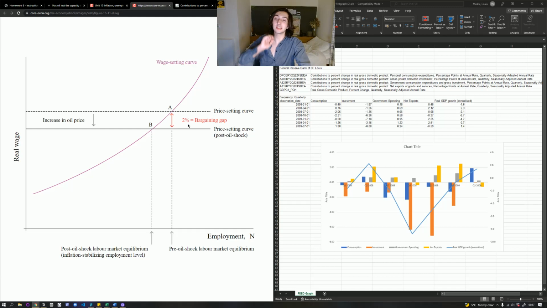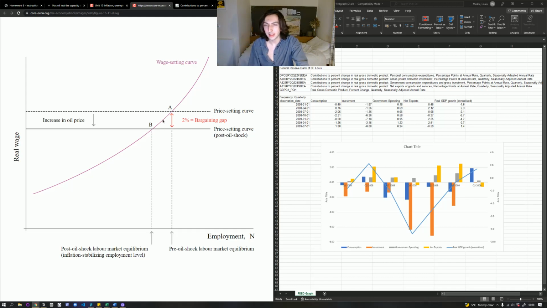If the wage setting curve shifts up, then this point is going to go back up to the previous price setting curve. But the equilibrium is going to be in a new place, almost here. It's weird, but that would reduce employment. It wouldn't bring you back to the price setting curve, eliminating the bargaining gap. It would almost enlarge it.